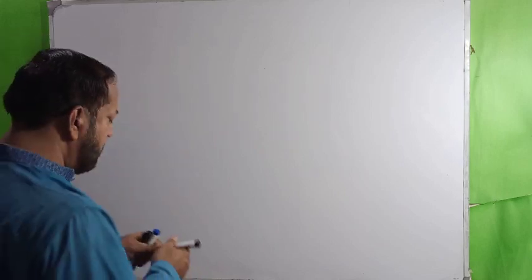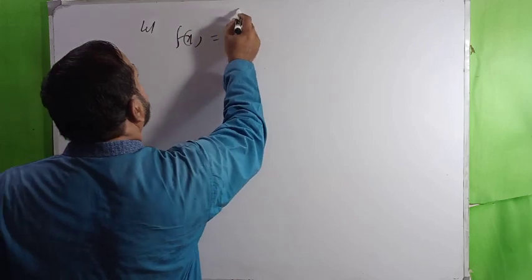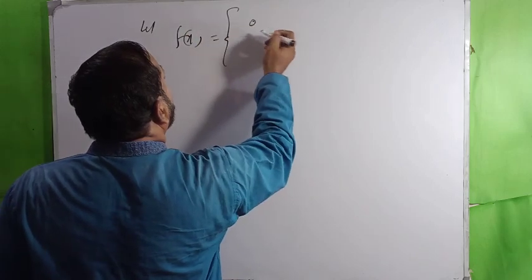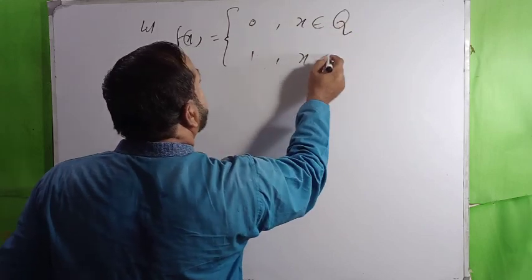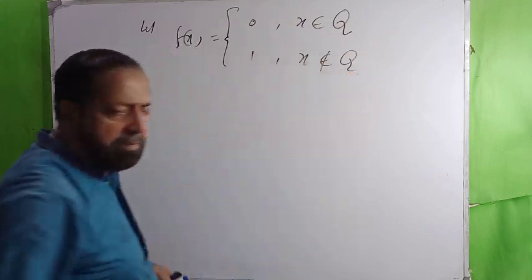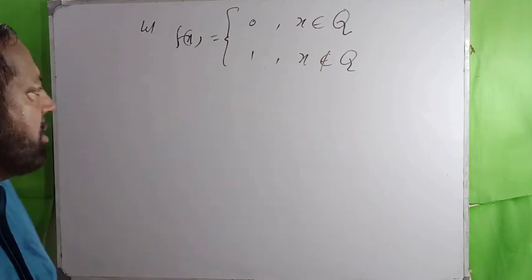So take the function, let f(x) is equal to 0 when x belongs to Q, and 1 when x does not belong to Q. Whatever you want to take, you can take 0 when it is rational and 1 when x is irrational.